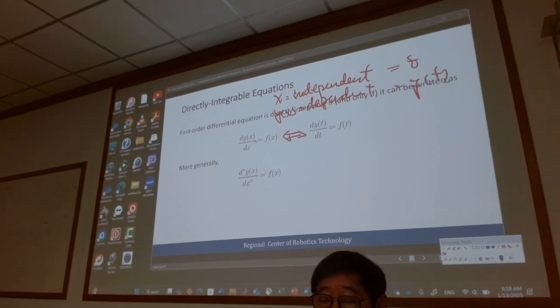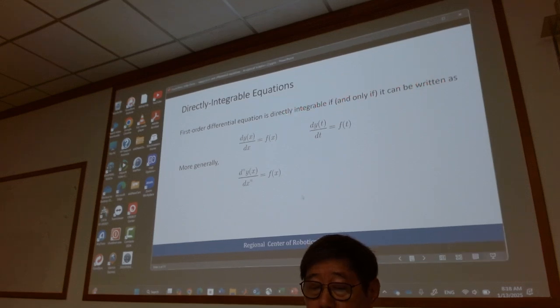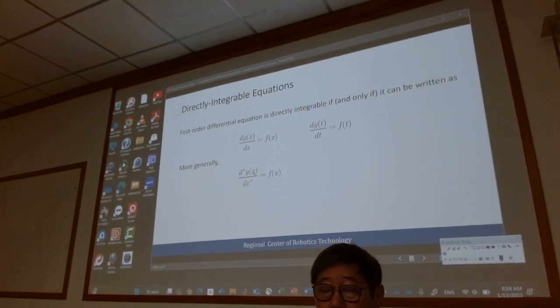We try to use x instead of t for a moment, but when we go back to motion or dynamics, we can use t again. So this is more general, in the order of the differential equation.